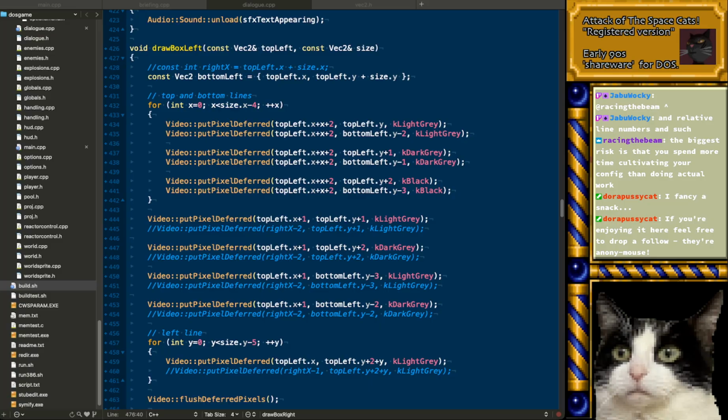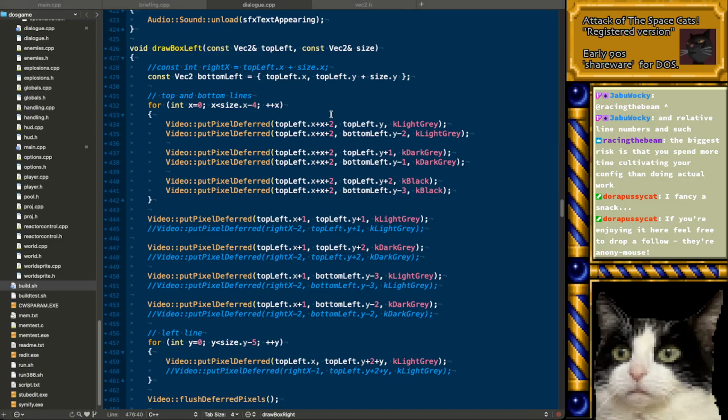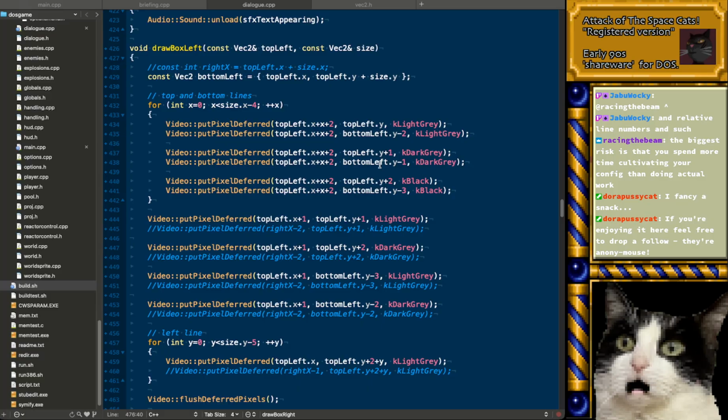Plus 2 from the top left, that's fine. Oh, I see, yeah, but of course, right. Oh no, I understand why this doesn't work. Or why this has a weird issue.